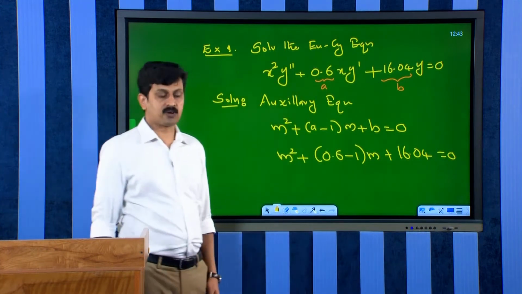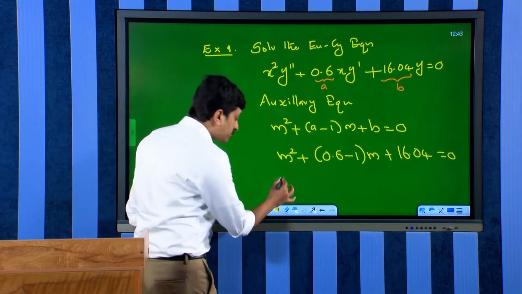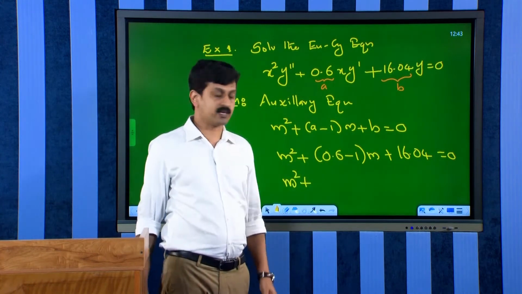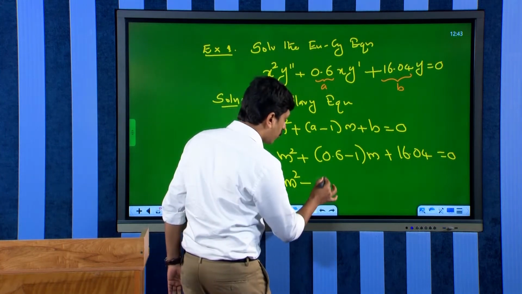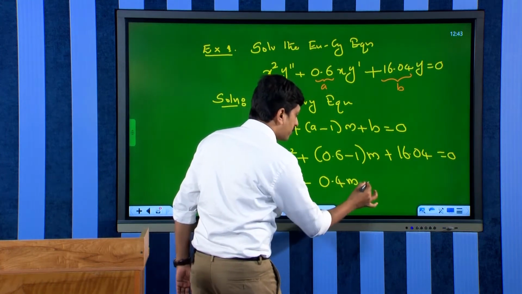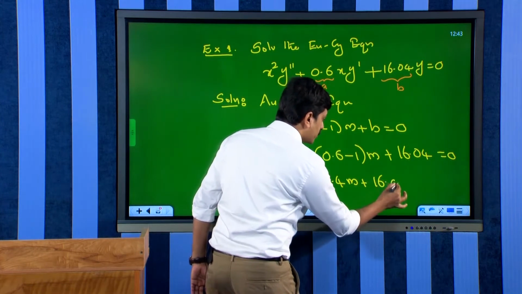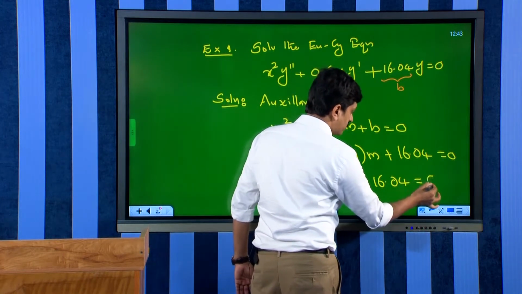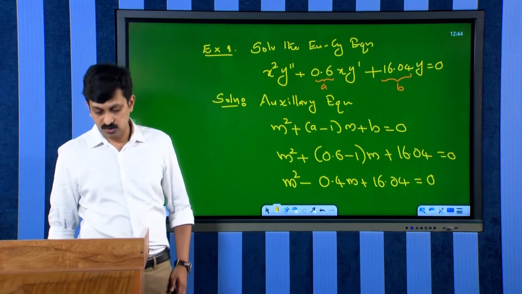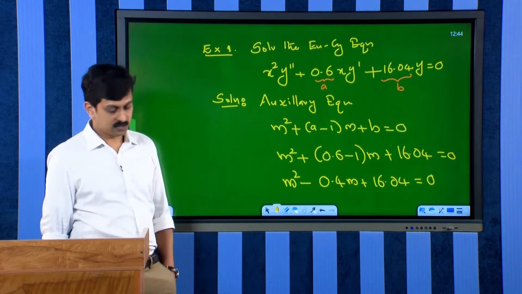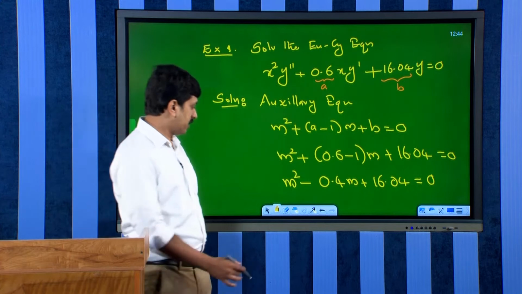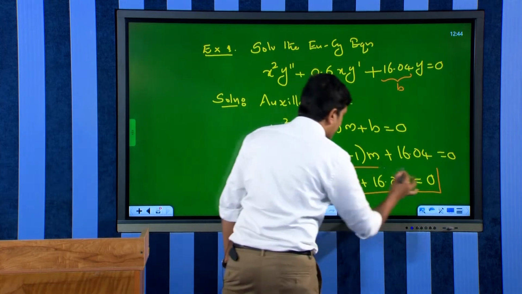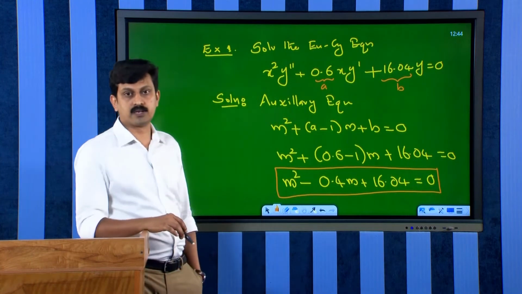Therefore, we will have the auxiliary equation as m square plus (0.6 minus 1, which is minus 0.4) m plus 16.04 is equal to 0. Now this is our auxiliary equation.